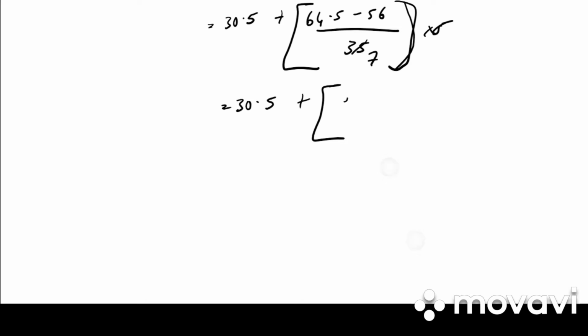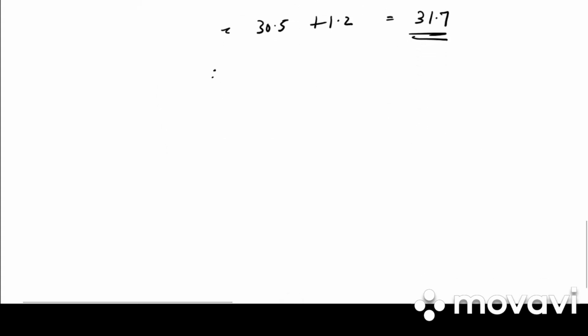How much do we get? 8.5 divided by 7. So 30.5 plus 1.2, it is 31.7. Therefore, median is equal to 31.7.